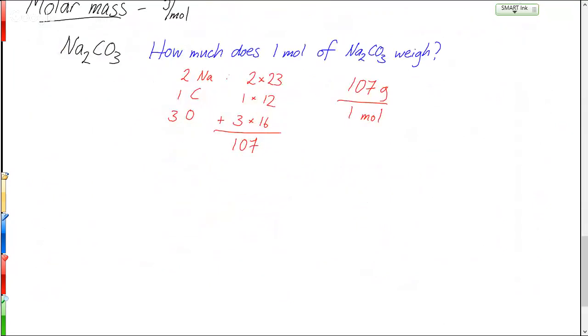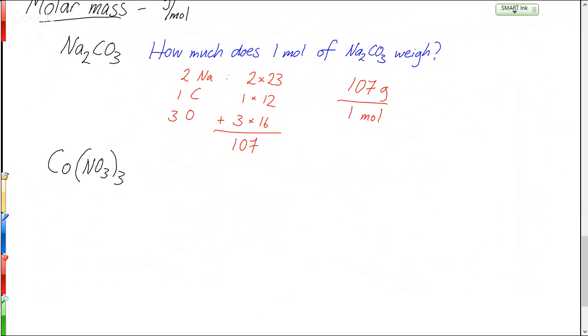What if you have something like this? What do you do with the molar mass of that? Yeah, you've got to figure out all the stuff that's there.